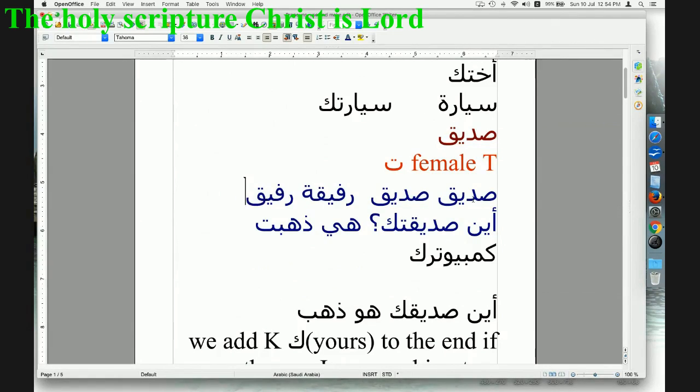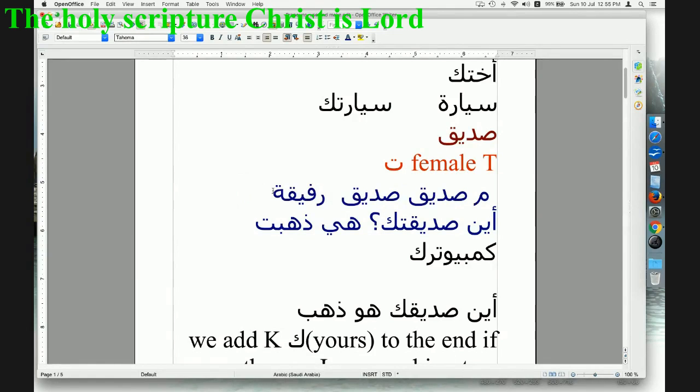For some reason it's not connecting. It should connect the same as we see here. The font is not helping. So you just add the ka at the end, same as we did in Sadiqatuk, Rafiqatuk.